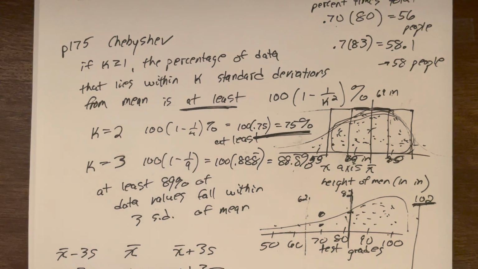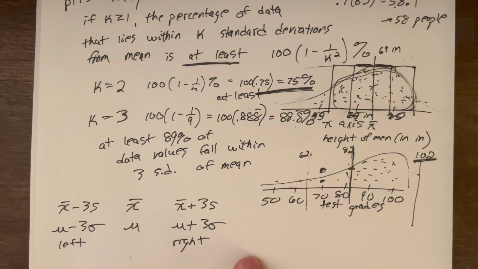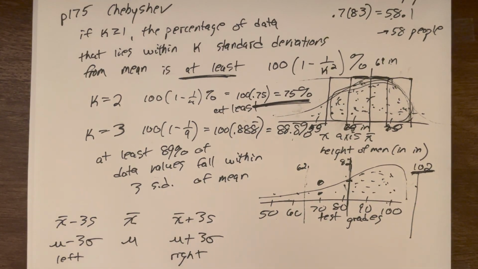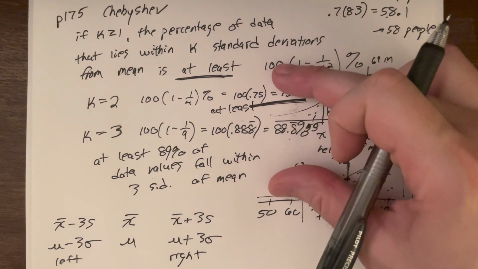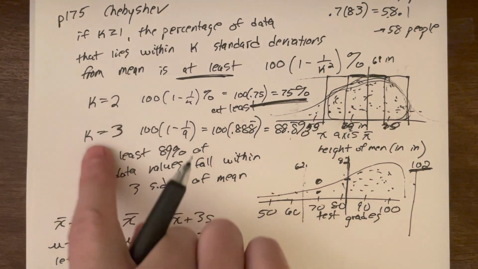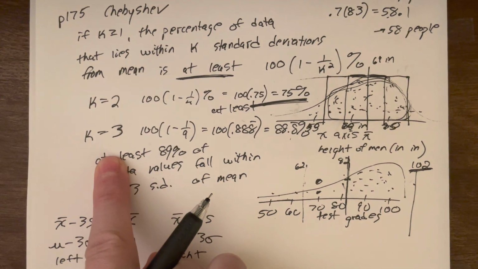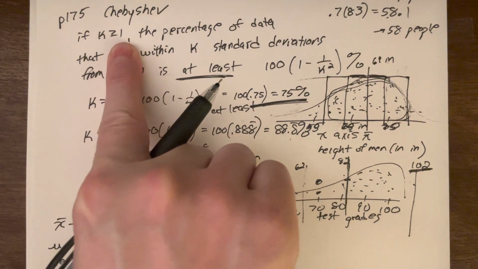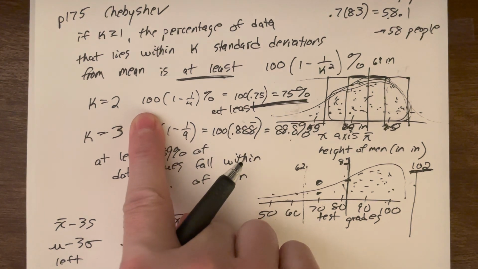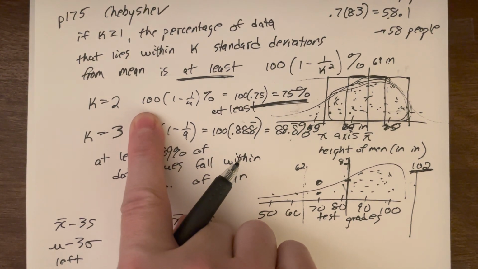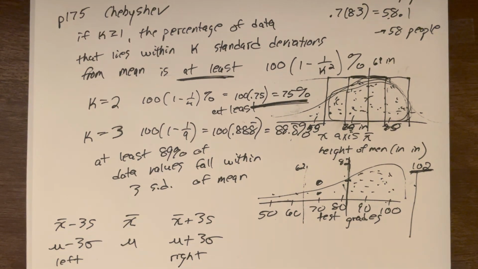So that's all I want to say about Chebyshev. There are a lot of people who could still look at this and say, I don't get it. What's the point? And the point is what I keep emphasizing here, that these are really the 2 computations that come up. You can do it for fractions as well. If k is 2.5 standard deviations, 2.5 standard deviations above or below.